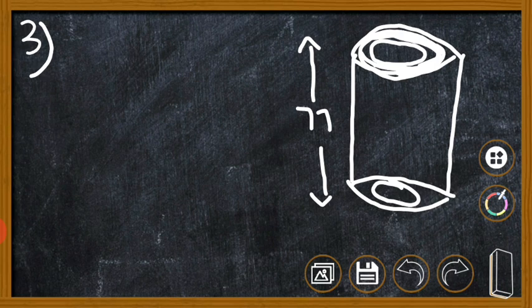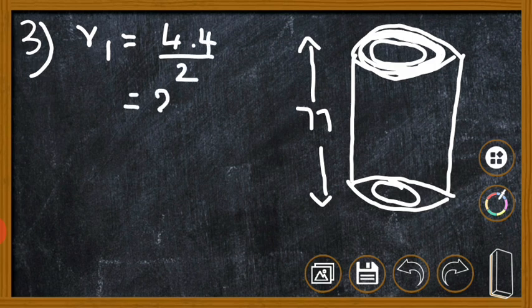And here the diameter it is given. So we can take the external or outer radius as R1. The outer diameter is 4.4, so what will be the outer radius? 4.4 by 2, that is 2.2 centimeter.